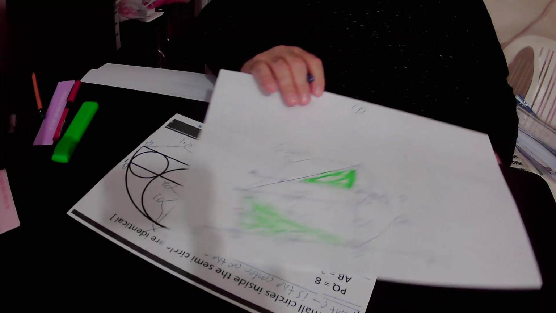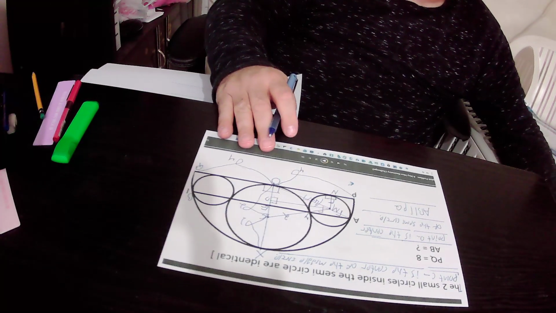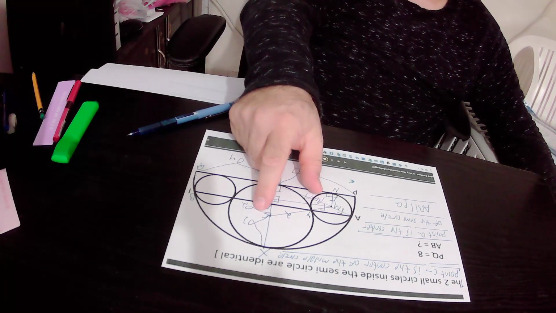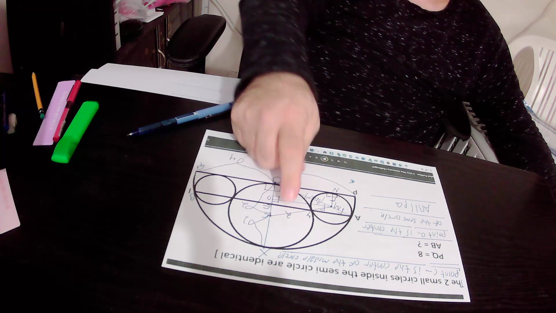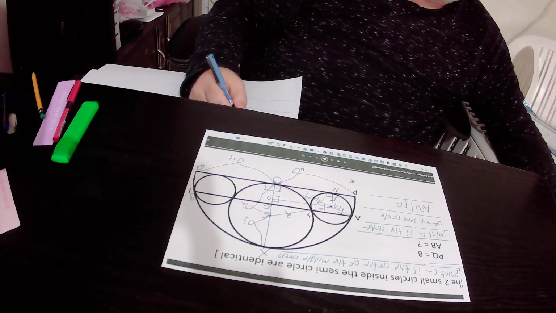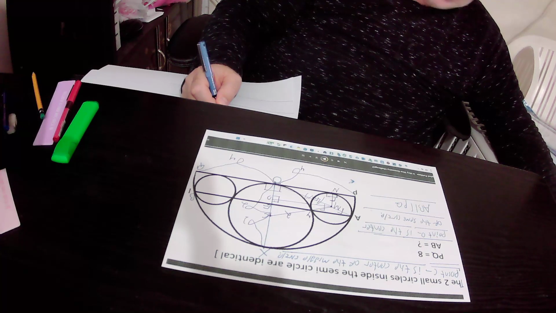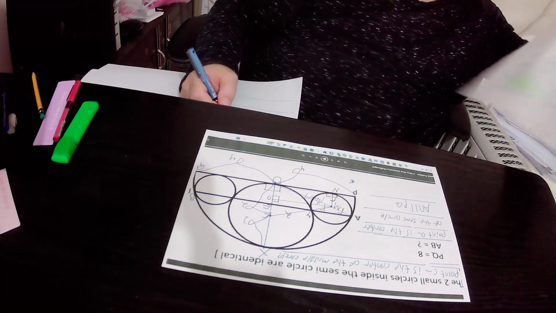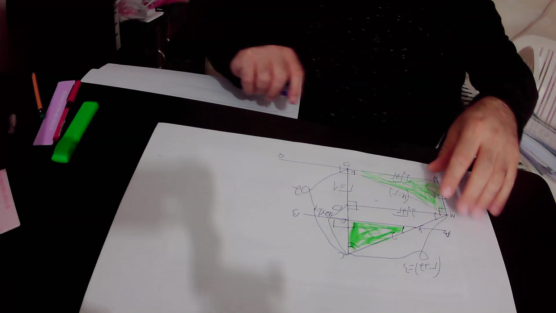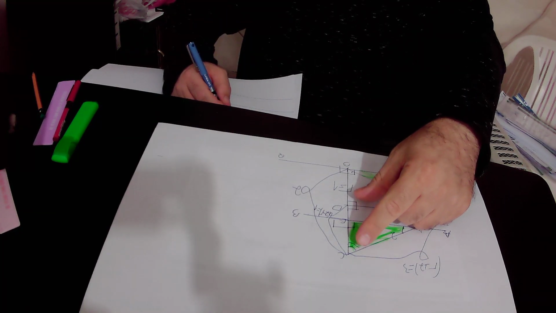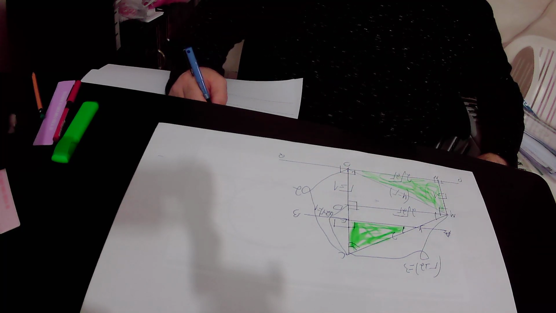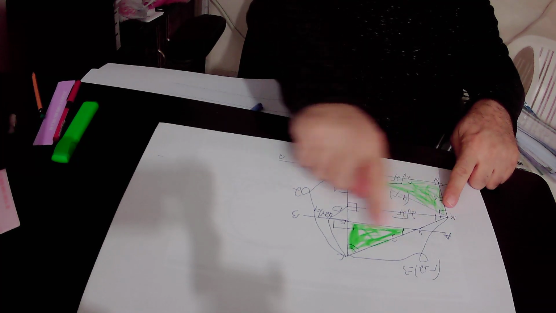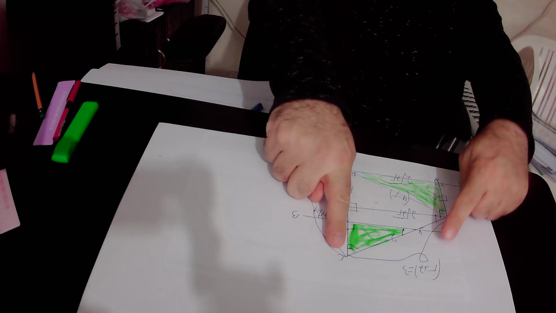What is the value of CY? You can see from the drawing that CY is the radius of the middle circle, that is to say it equals 2 units. So CY equals 2. From the drawing you can see that CD equals 1 unit. And what is the value of CM? CM equals 3 units.